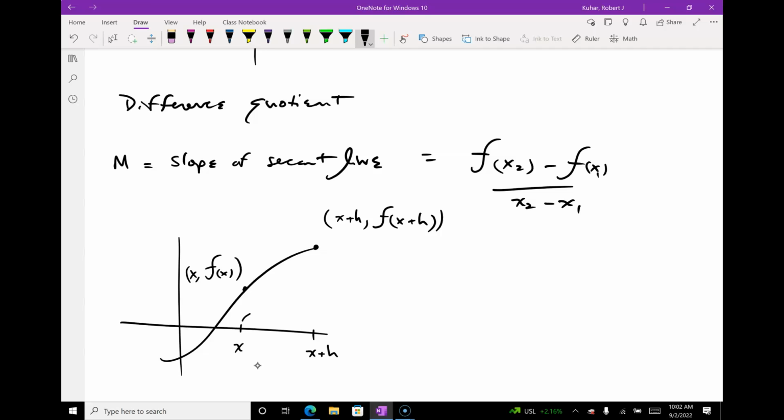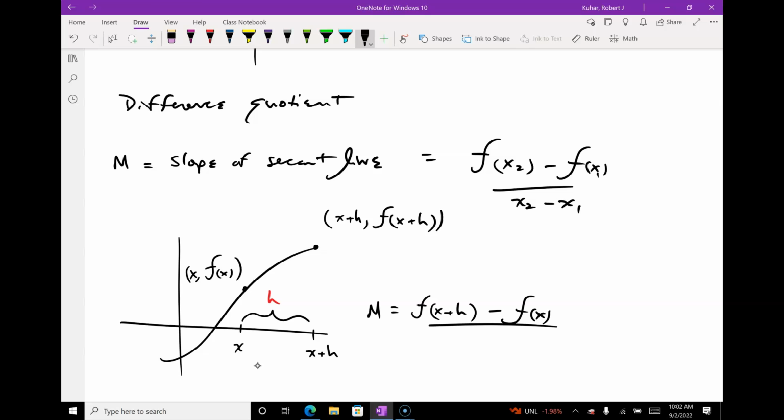And then what is this distance? H, nice. So take a look at my slope here, my difference quotient. By the way, the difference is f of x plus h minus f of x. That's the difference, yes? Fraction bar, that's the quotient, difference quotient.